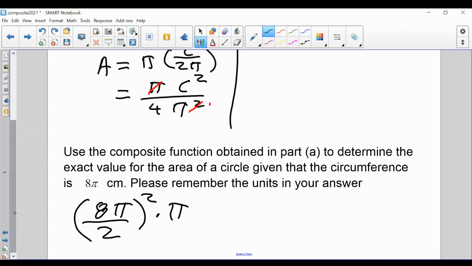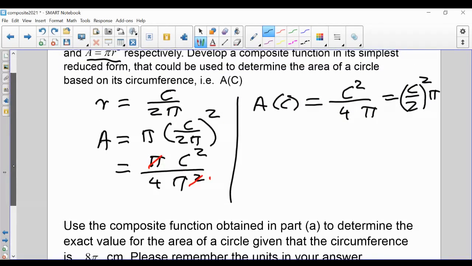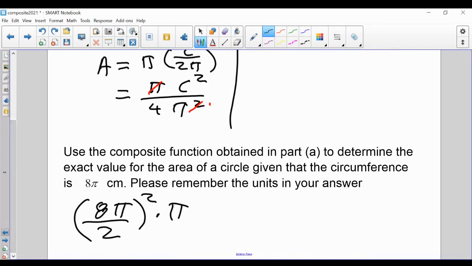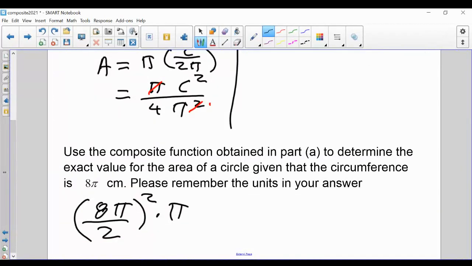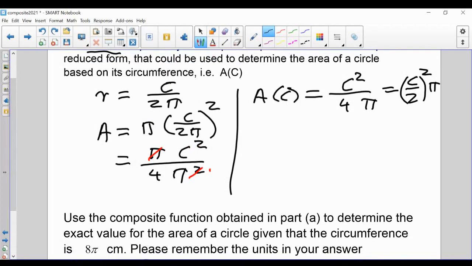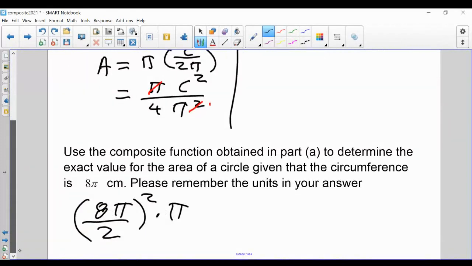That should give me my answer. Did I do that right? Hold on. C squared over 4 pi. Oh, no, it's not wrong. Hold on. C over 2. Oh, 8 pi over 2 squared. Yeah, okay, so we're good.